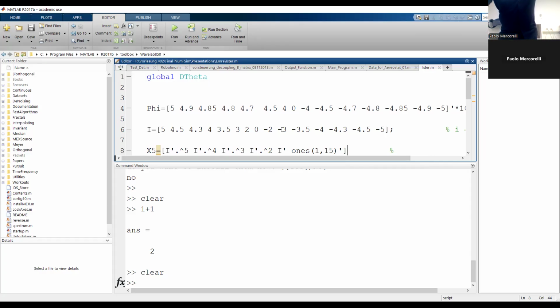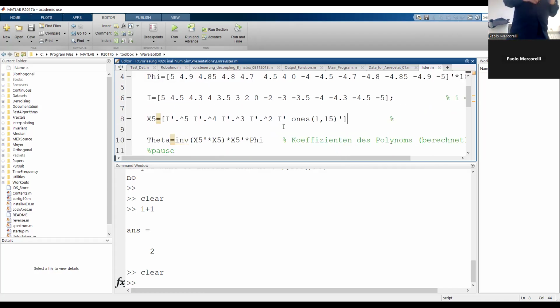Look here, very important for you, your question. The line 8. The line 8 I called x5 because I am considering here, without optimizing the index n, the polynomial order 5. Why that?